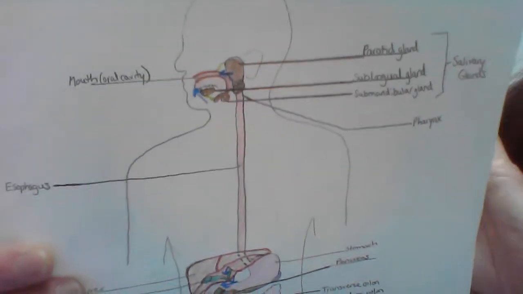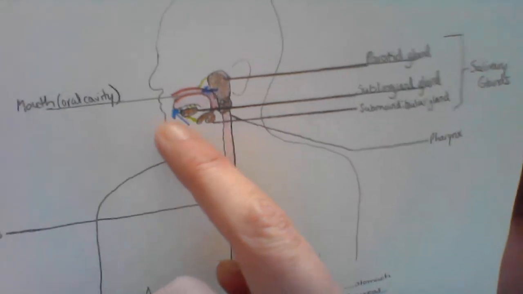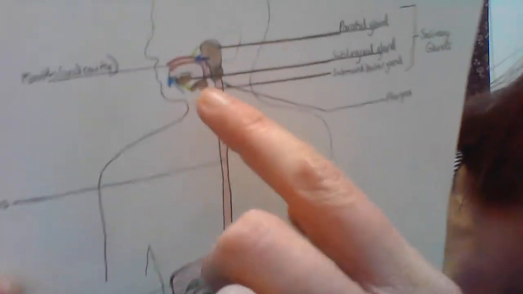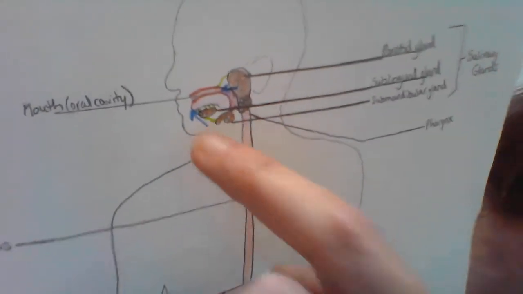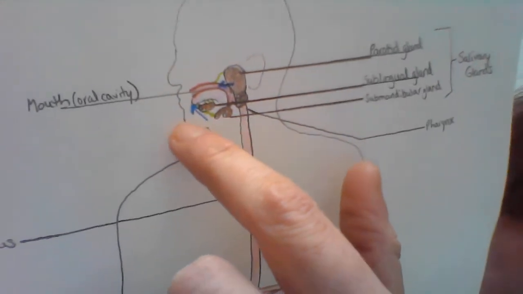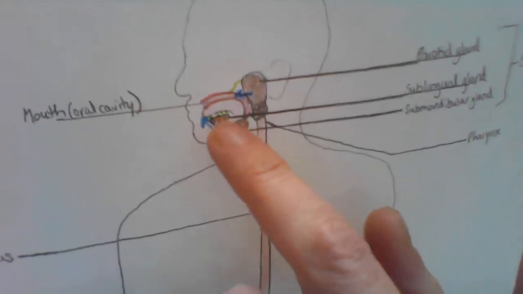These are 3 of the salivary glands. I tried to color the ducts from these glands in green, and the secretions of the salivary glands are secreted into the oral cavity, and I tried to draw the arrows in blue pointing to the oral cavity.